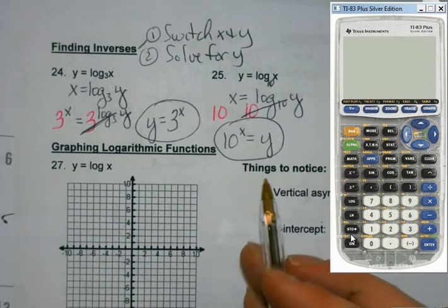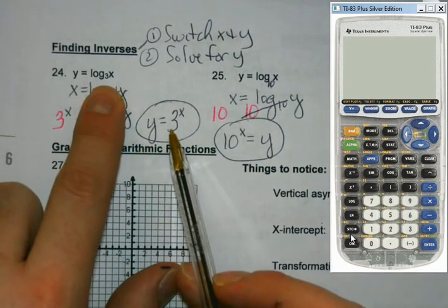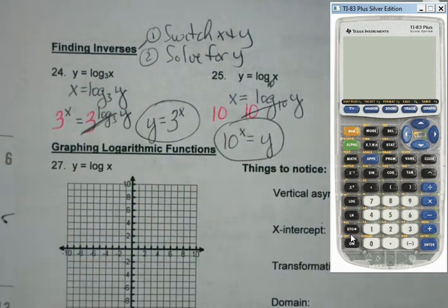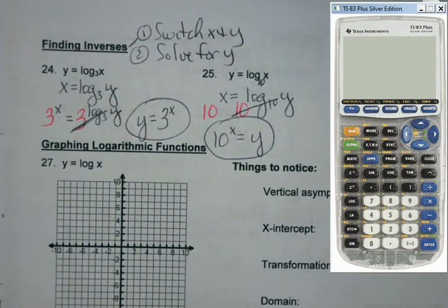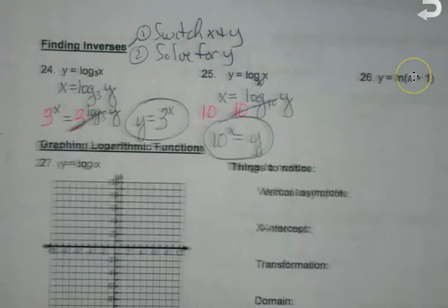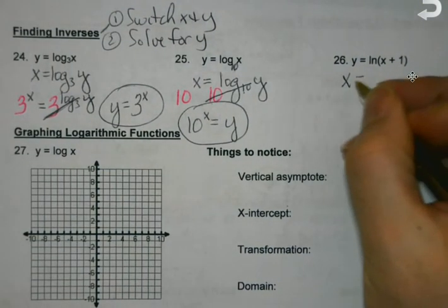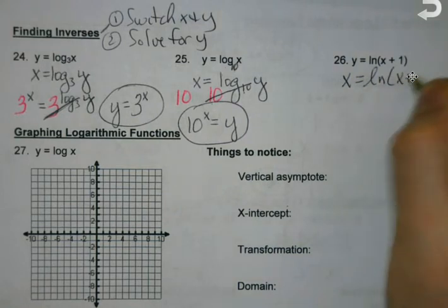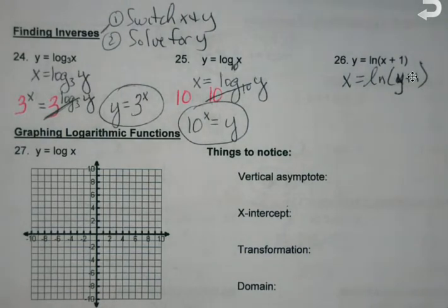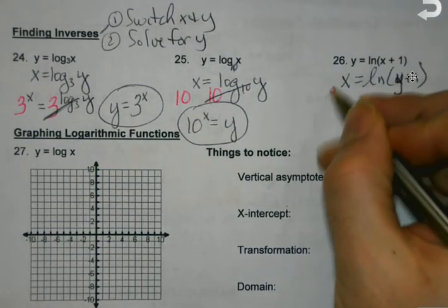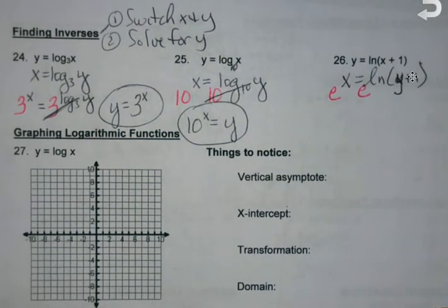Some of you are starting to look at this and go, oh, so basically it's just whatever my subbase is to the x. Basically, when you're looking at a regular logarithm, it will be. When it's natural log, same idea is going to work here, except what's my inverse of natural log? E. Still going to use the exponent idea, but I'm going to use E as my base now.